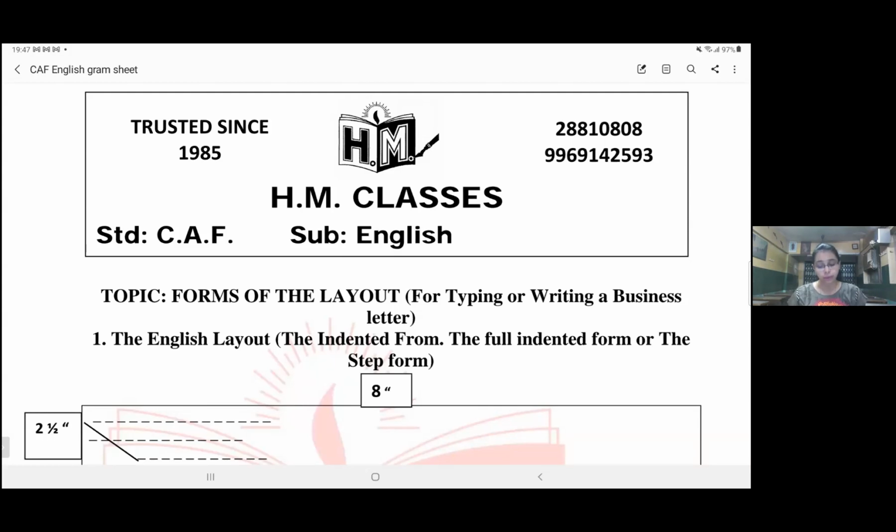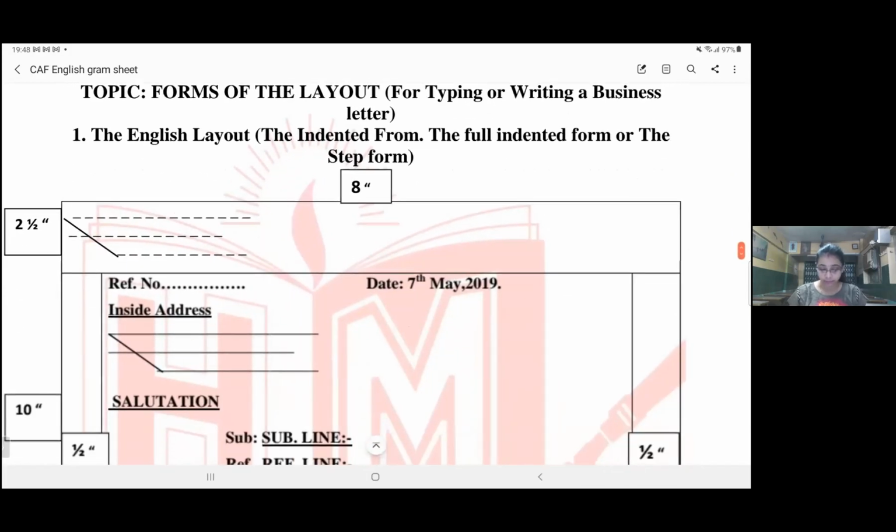Clear? So it will be more clear to you how you will write, how many lines you have to leave, and how much space you have to leave. Each and everything I have included in this layout. Clear? Now, see this.